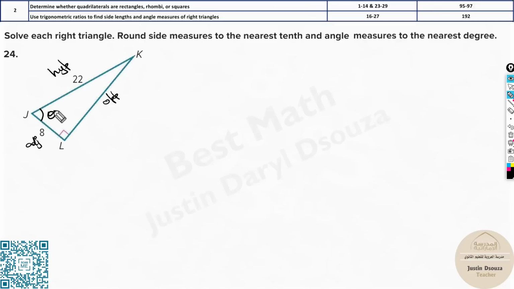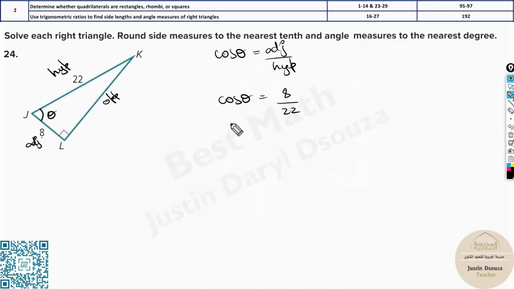See what are knowns. Opposite side is unknown. We don't know theta, but we can solve from hypotenuse and adjacent. So if you have cosine theta, you know what? This is adjacent divided by hypotenuse. And over here we don't know cos theta. That's fine, but we know adjacent side is 8 divided by 22.